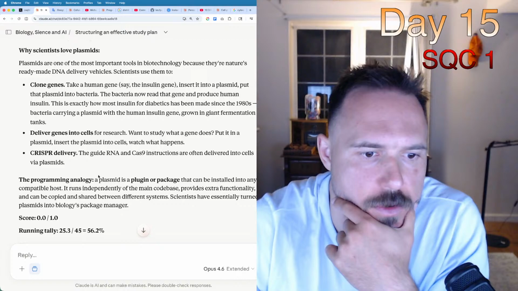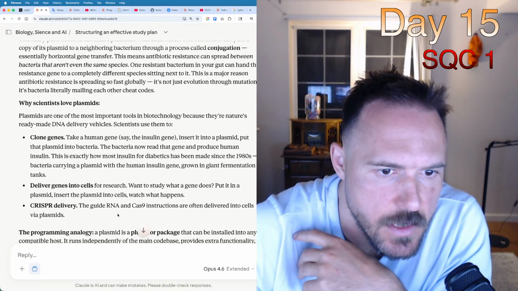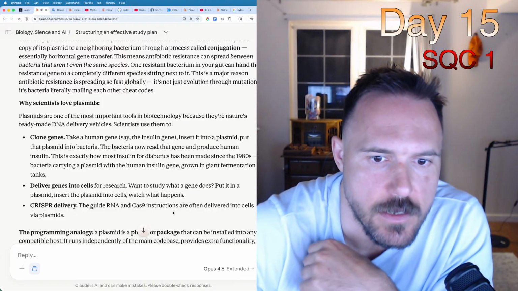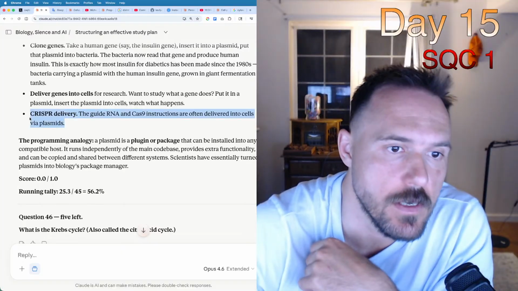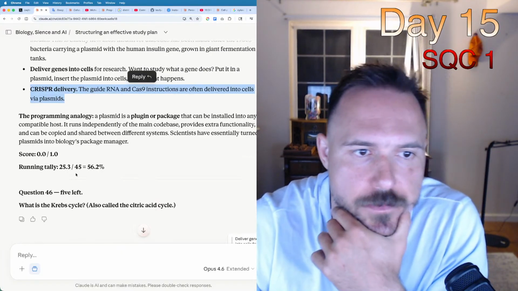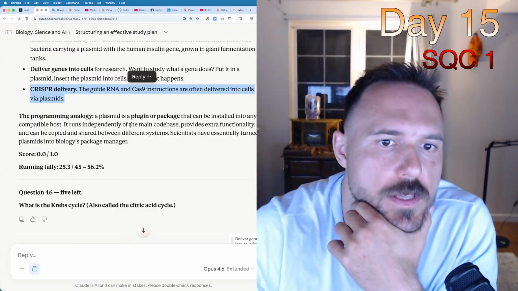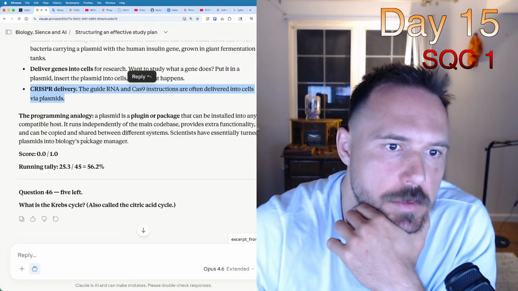CRISPR delivery: the guide RNA and Cas9 instructions are often delivered into cells via plasmid. So yeah, I asked a stupid question because right now I can see it. Programming knowledge of a plugin or package that can be installed into any compatible host.